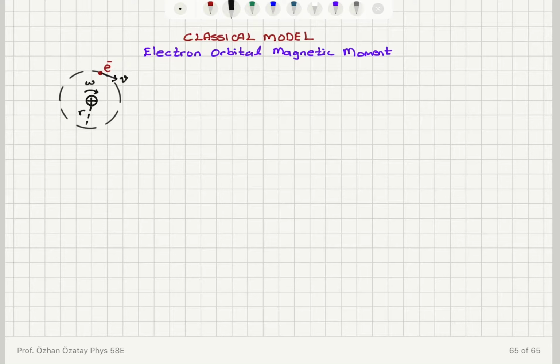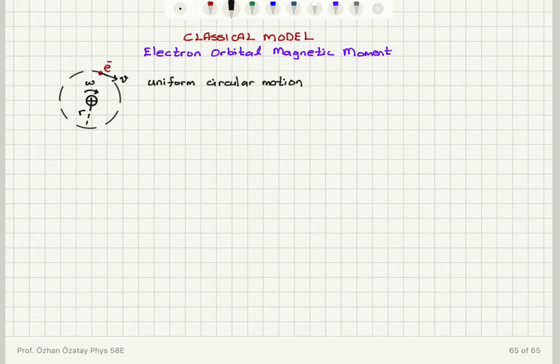So in this model I have uniform circular motion of the electron. From a classical mechanics point of view, we can analyze the contribution to the magnetic moment.